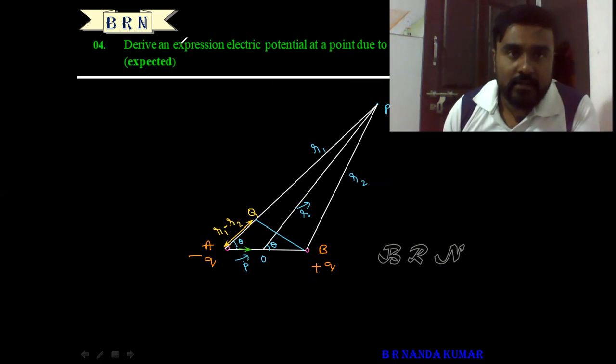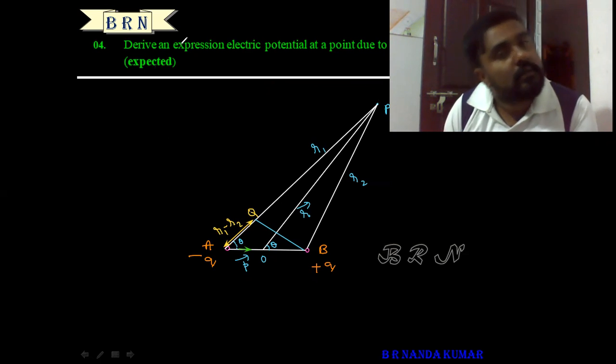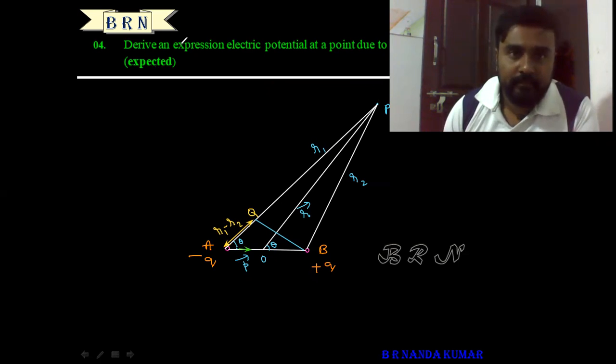Okay, now let us start the derivation. First, let us consider P equals Q dot 2A. What is this? Electric dipole moment.